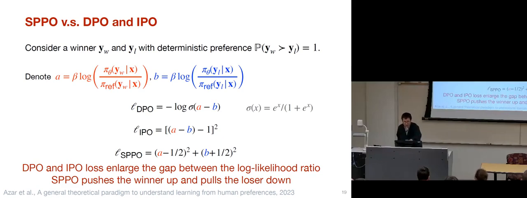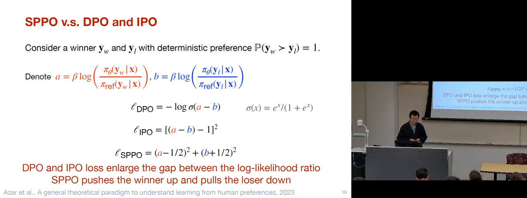And we define B as the log policy ratio of the rejected response for the prompt. Okay, so these two can be considered as the estimated reward for the winner and the estimated reward for the loser. And then the DPO loss is trying to minimize the negative log of the sigmoid function evaluated at A minus B.